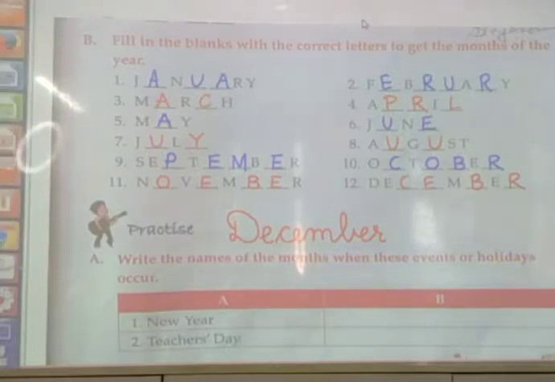Now, so these are the months of the year: January, February, March, April, May, June, July, August, September, October, November, December. So we have completed this exercise.